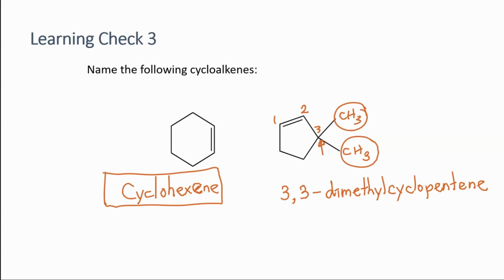I mean, in any other example. So we put a comma to separate the positions and put a dash and then begin writing the name. We write di, tri accordingly to show that there are multiple substituents. So this is the correct IUPAC naming for this structure.